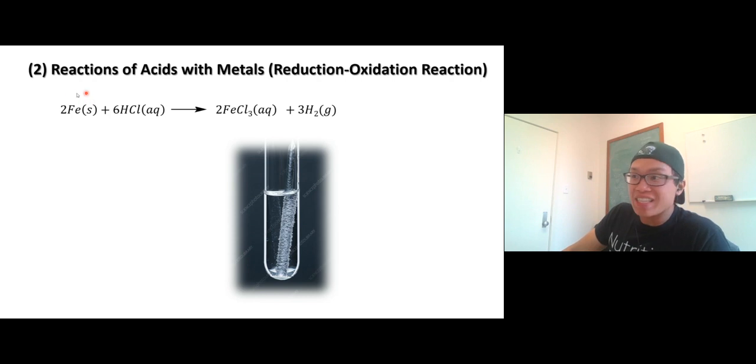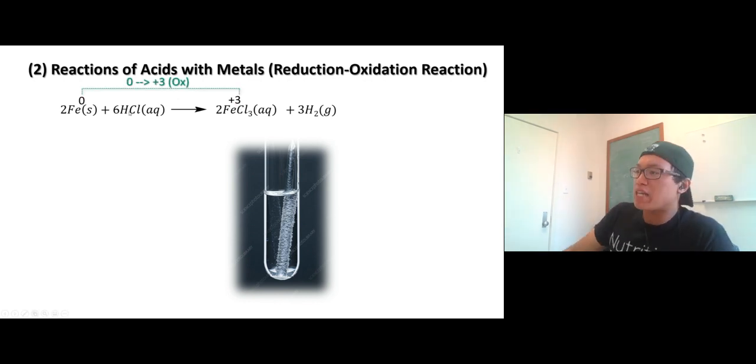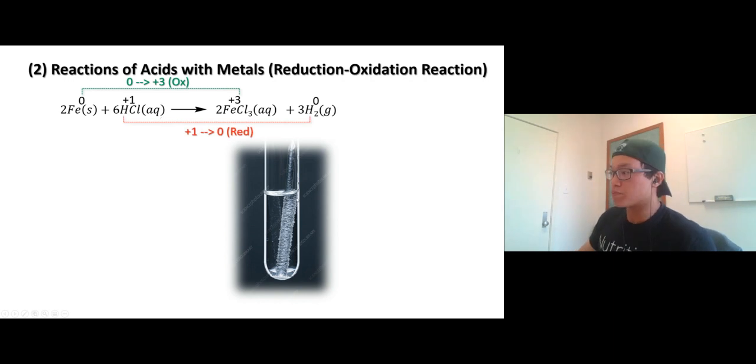What's the oxidation number of iron in nature? 0. In the compound, iron loses electrons and becomes +3. So 0 goes up to +3, an increase in oxidation number, so we call it an oxidation reaction. Hydrogen is the same as before: +1 goes down to 0, which is a reduction reaction.